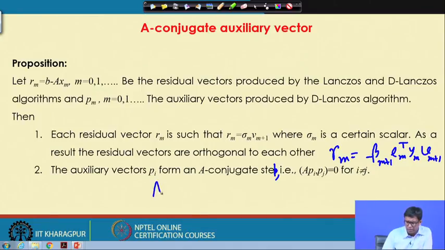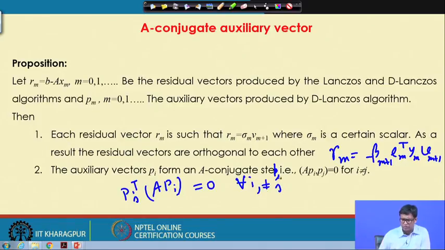So, A Pi, and if we take its dot product with Pj, this is equal to 0 for all i not equal to j.